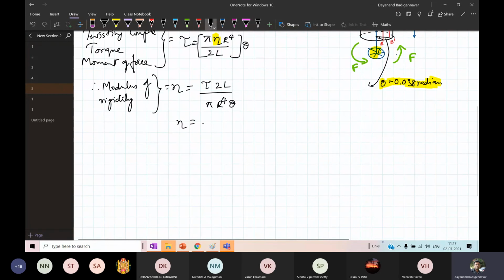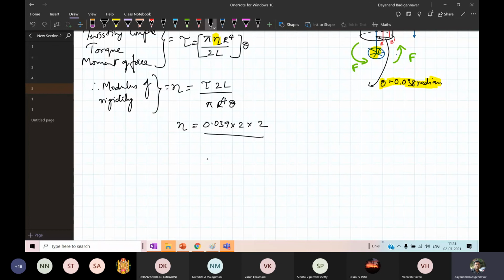So eta is equal to the tau value, 0.039, into 2 as it is. What is the length of the wire? The length of the wire is 2 meters.